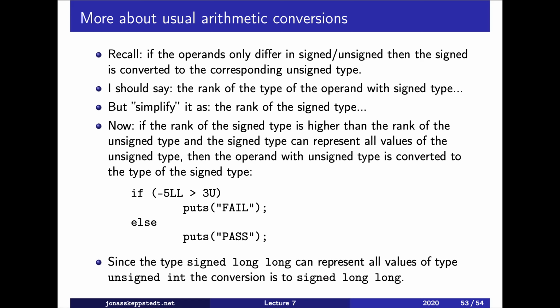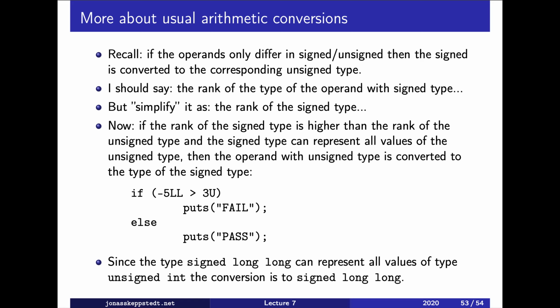Two more situations. If the signed type has a higher rank than the unsigned type, and the signed type can represent all values of the unsigned type, then the unsigned operand is converted to the type of the signed operand.